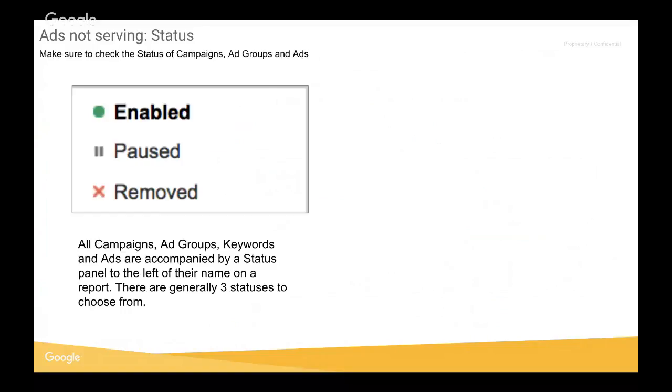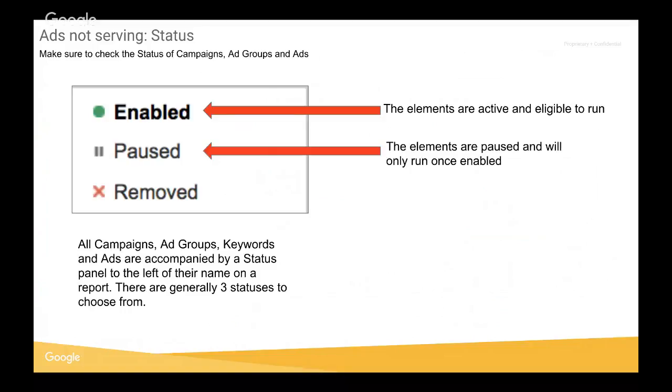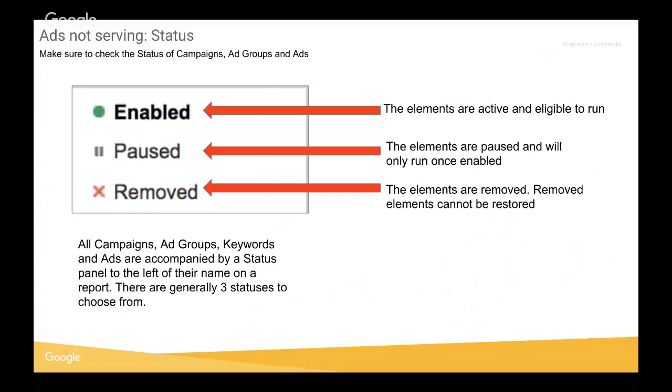They can be enabled, paused, or removed. When an element is enabled, that means it's active and eligible to run. When it's paused, it'll only run if you enable it again. If it's removed, that means it has been deleted. And unfortunately, once removed, an element cannot be restored.